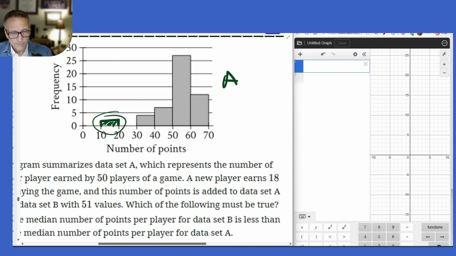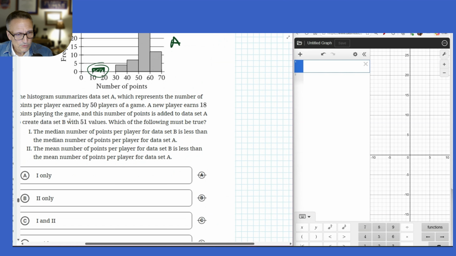So there's no doubt that Roman numeral 2 is true. The mean number of points for data set B, which includes the outlier here, is got to be less than the mean for data set A, which was without the outlier. So definitely that is true.